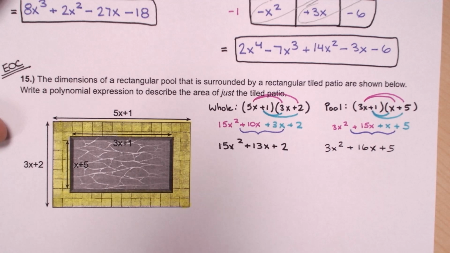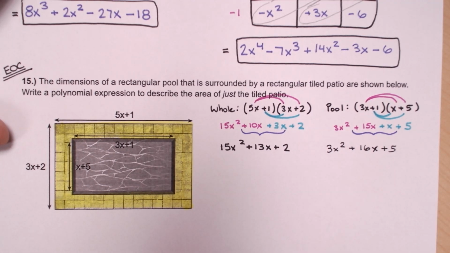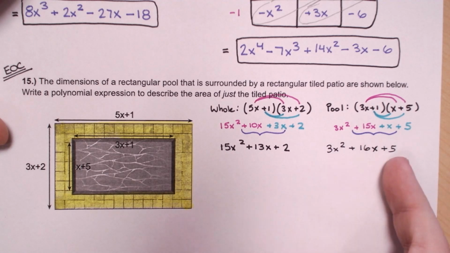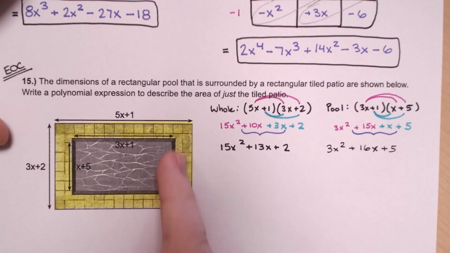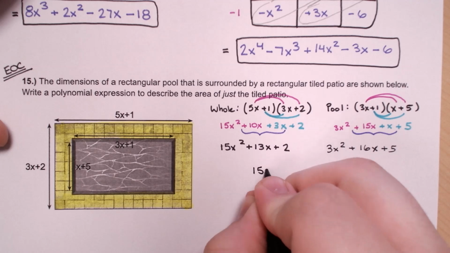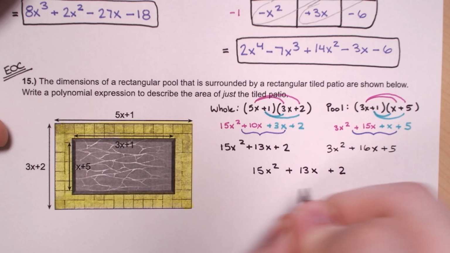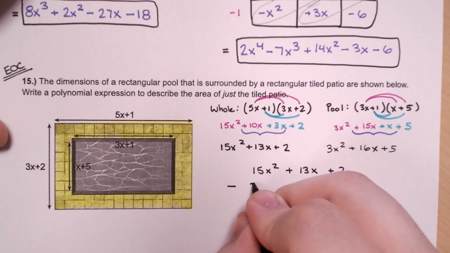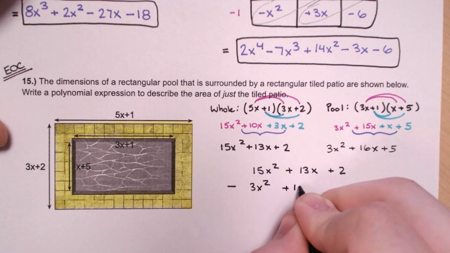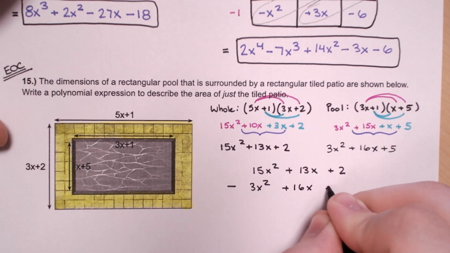Okay, so if we want the area of just the tiled patio but not the pool, all we need to do now is subtract the area of the entire figure minus the area of the pool. That'll leave the leftovers surrounding the pool. So I'm going to write 15x squared plus 13x plus 2 minus 3x squared plus 16x plus 5.